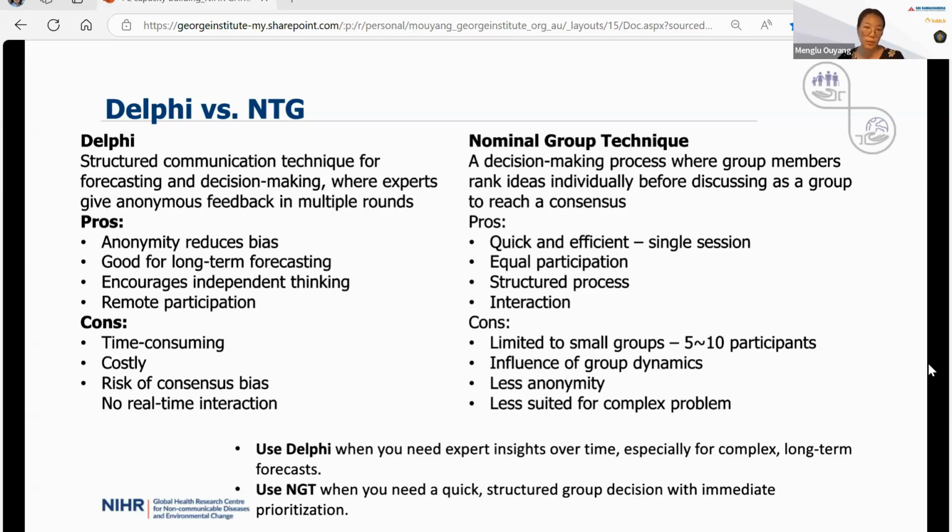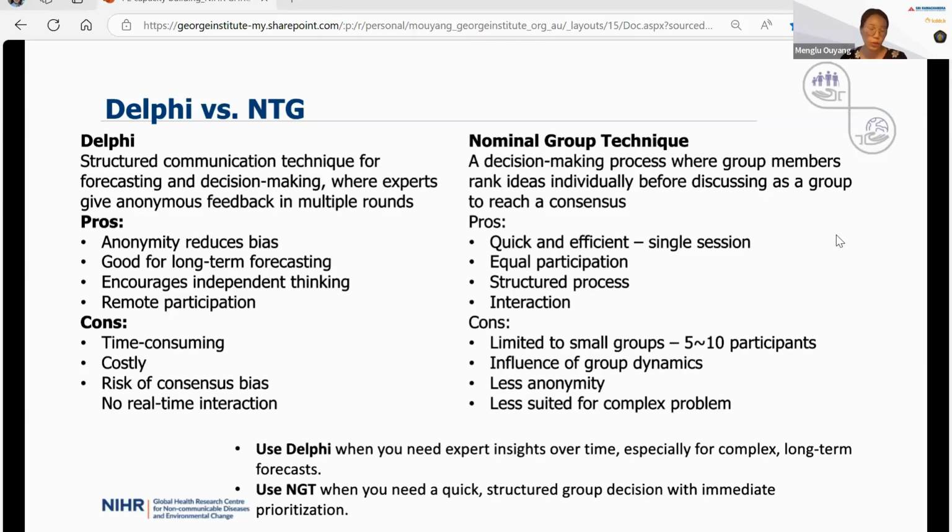The answers will probably be influenced by group dynamics. And it's not very suitable for complex programs because it's held within one session and in a relatively short time.